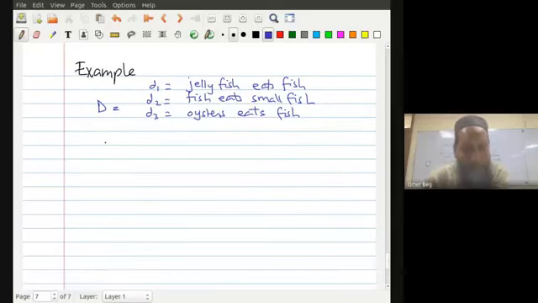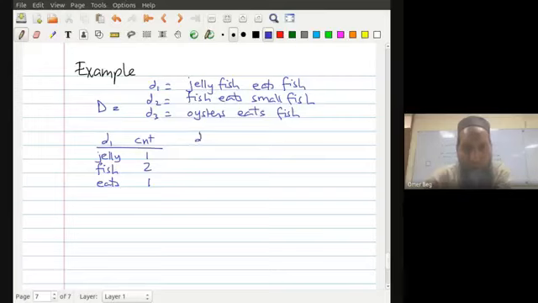Okay. So for document 1, you can see the count of these terms. The word jelly appears once in document 1, the word fish appears twice, and the word eats appears once.